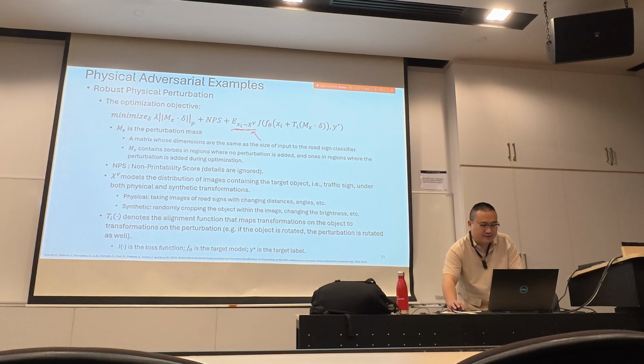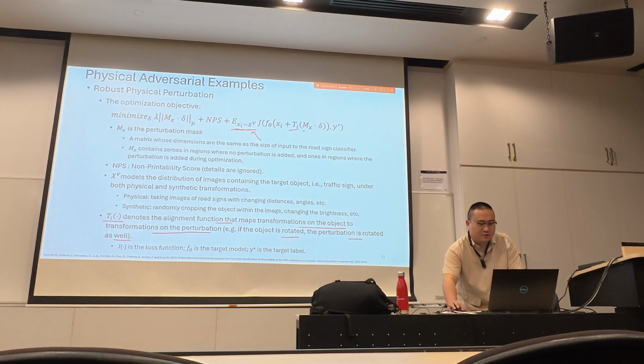And then let's look at the other term. T_i denotes the alignment function that maps the transformations on the object to transformations on the perturbation. For example, if the object is rotated, then the perturbation is rotated as well.